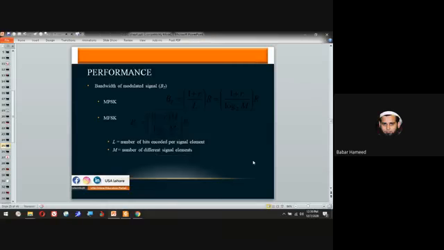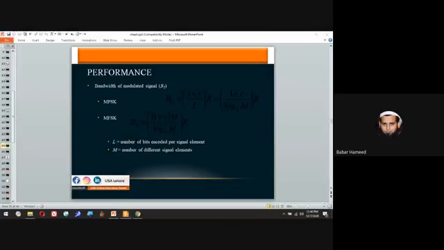It's better now. So 1 plus R times M over log 2 of M times R. So we have a good idea of our bandwidth for different encoding techniques.